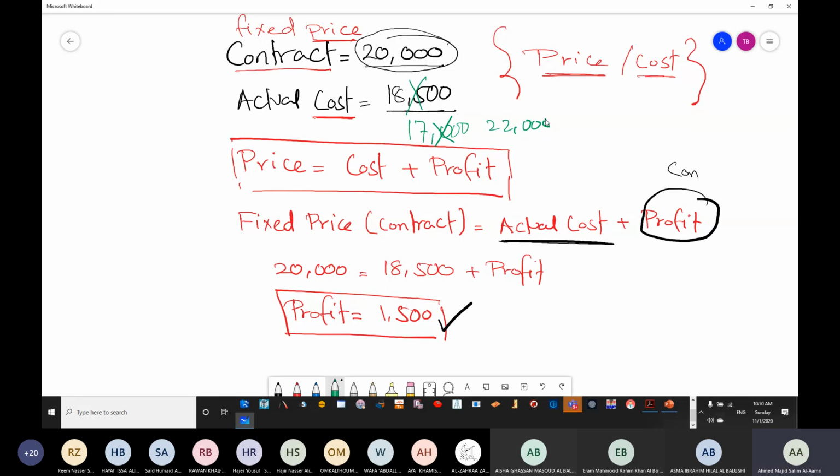I need to pay only 20,000. Now, what happens is that instead of the contractor having a profit, he is going to have a loss. Is it clear? Are we clear?